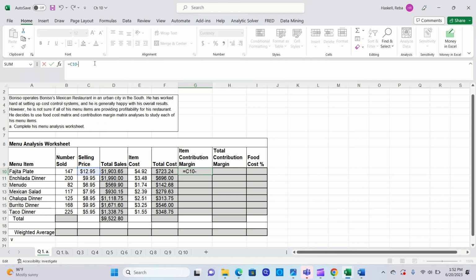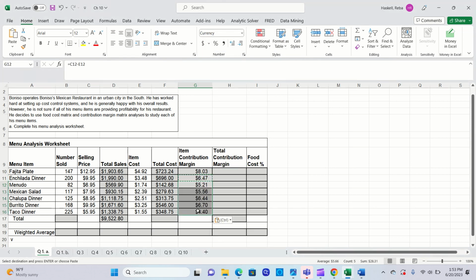We take our selling price and we subtract our item cost. There we go. This contribution margin is what we can use to pay labor, rent, utilities, things like that. That's the money left over after our original cost of that item.